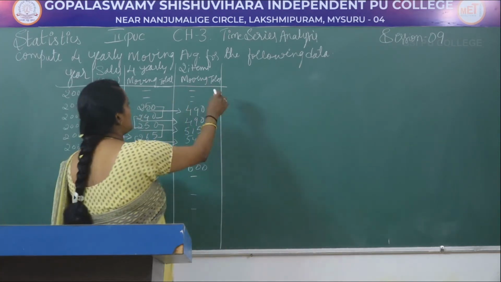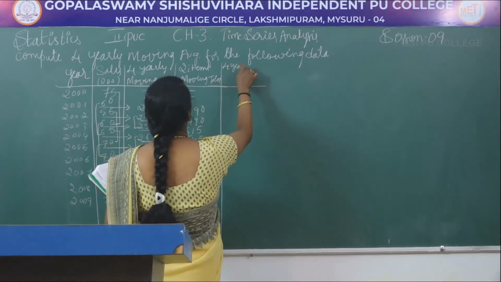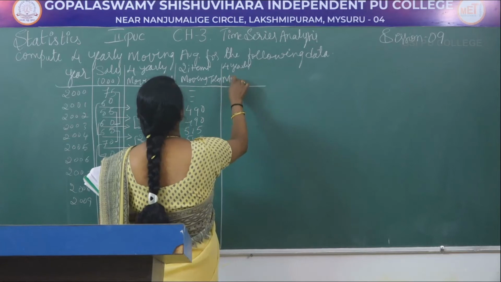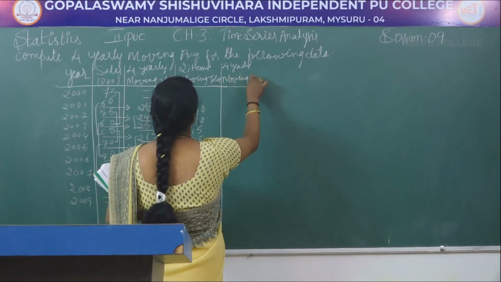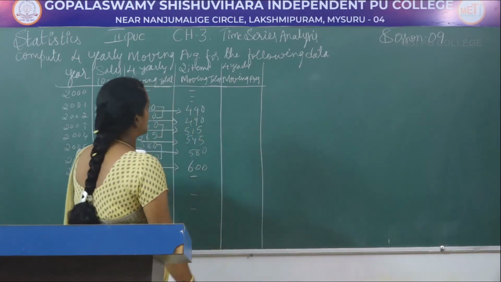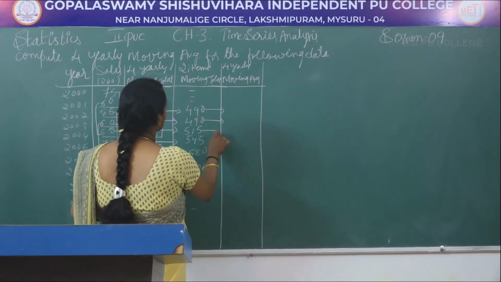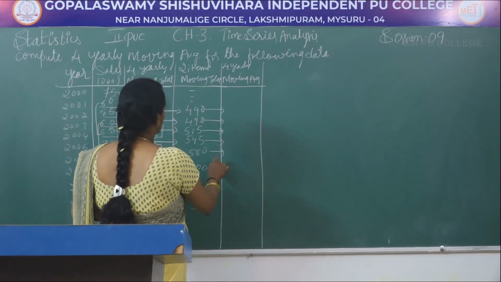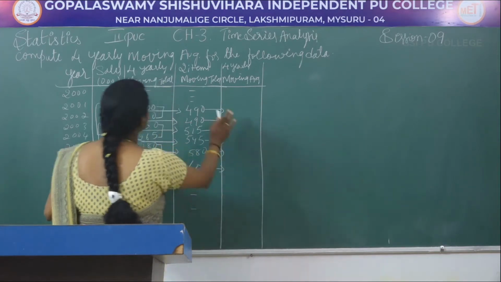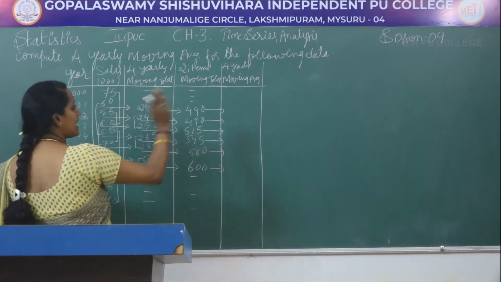Clear position. And the last column is 4 yearly moving average. For finding the moving average, again I am showing the positions, because position is very, very important. So this 490 you will get in 2002 at last.